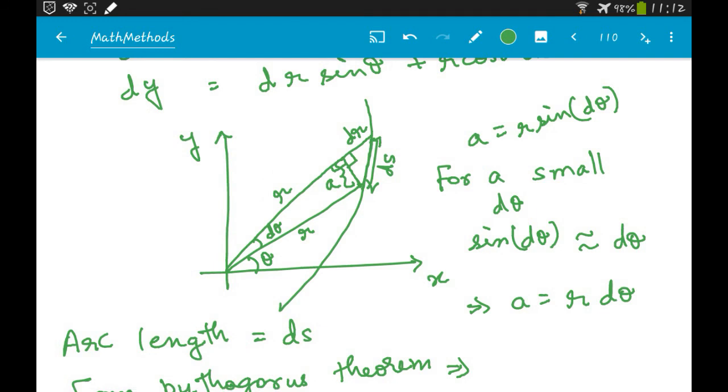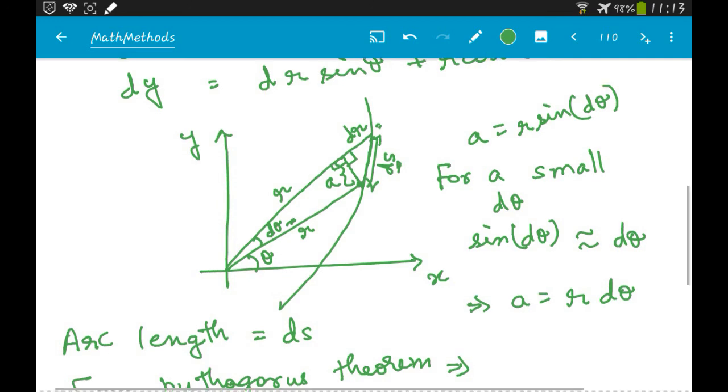So let's look at it again. We have an x and y axis, we have a vector r, and we want to move the vector slightly. The change in angle is going to be d theta, the change in r is going to be dr, and because of that the change in the polar coordinate system is going to be ds.